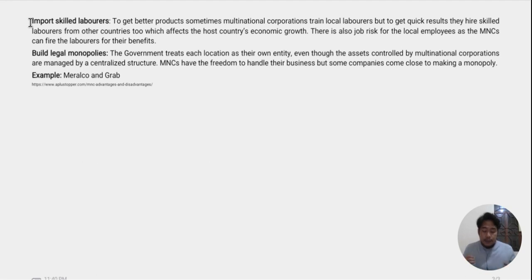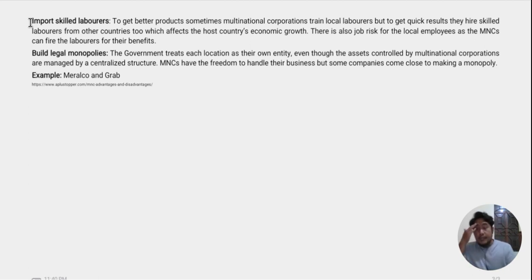So because of that freedom, there's little government intervention, and sometimes companies use it to create a monopoly. Since they're not intervened much by the government, some MNCs are able to make a monopoly of a good or a service.